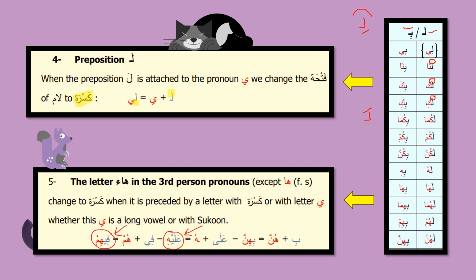Originally the harf jar lam is with kasra. It's just that when it gets attached with the pronouns, it changes its kasra to fatha. And this harf jar lam, when it attaches with the ya mutakallim, it remains the same, li, because of the ya.